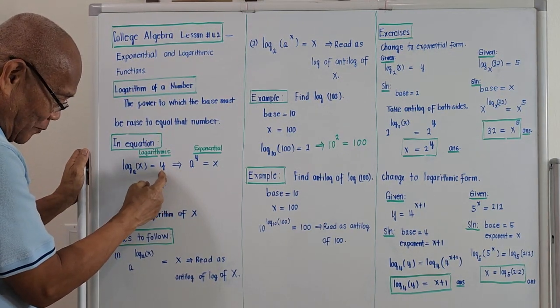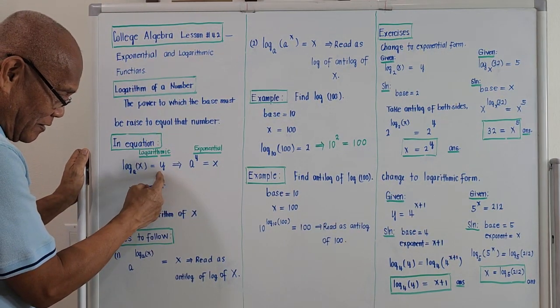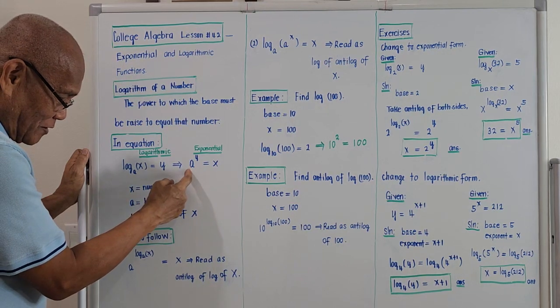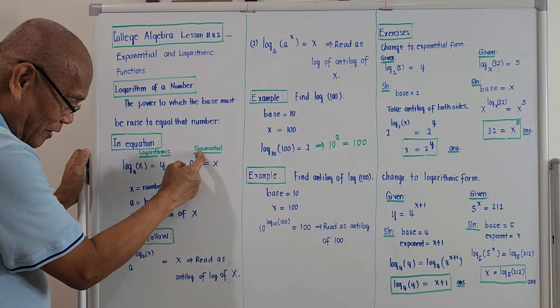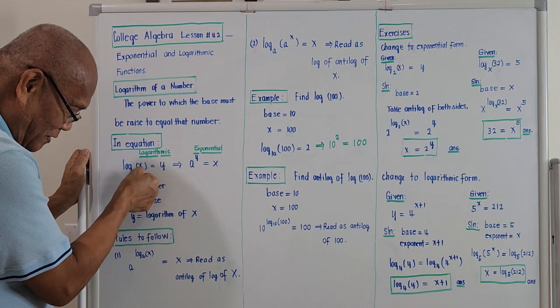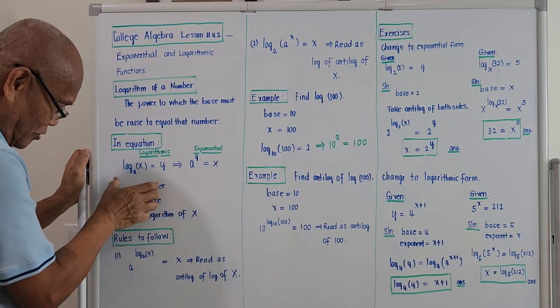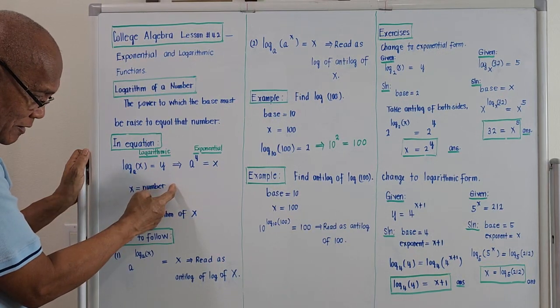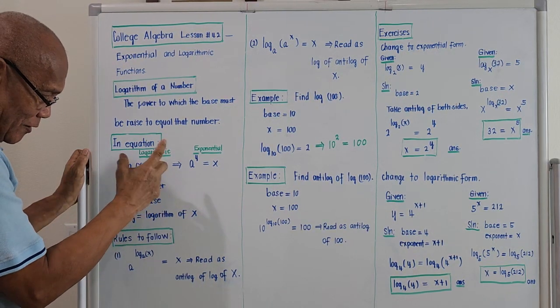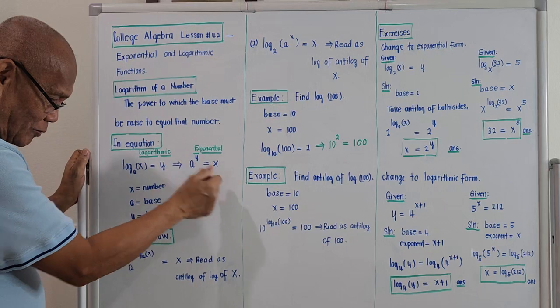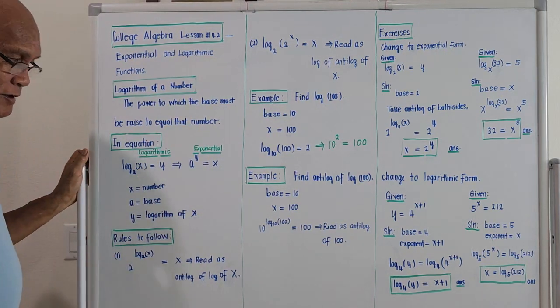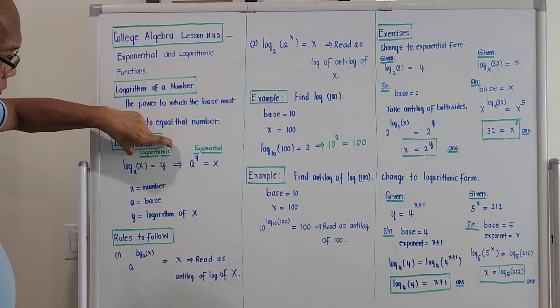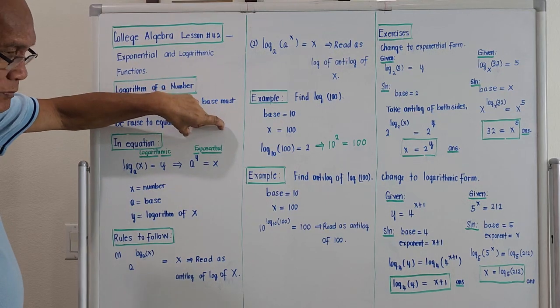If we get the base, then raise it to that number, what comes out should be that number x. So the logarithm of x with the base of a is equal to y. For it to be a logarithm, a to the y should be equal to x. So this is the logarithmic form, and this is the exponential form.